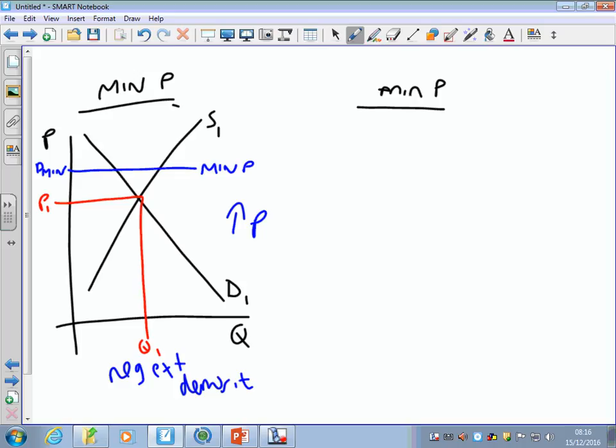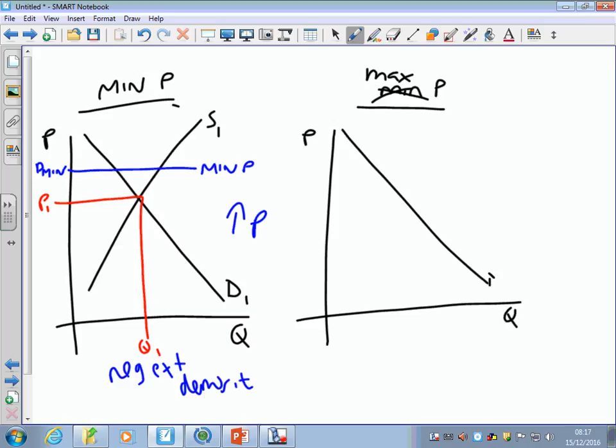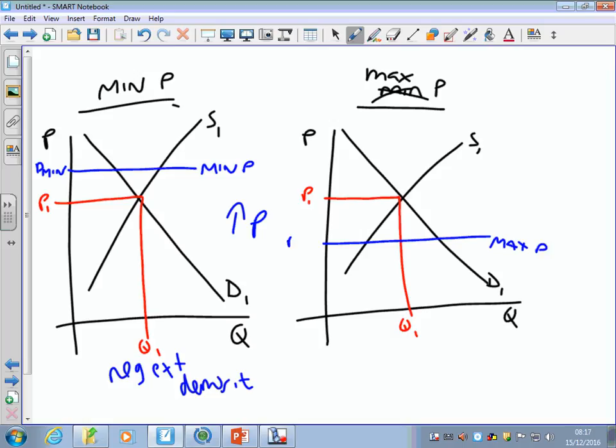We can then have maximum prices, and these are the exact opposite. So a maximum price is designed to make things cheaper. So market would clear at P1, Q1. A maximum price is where we set the price below the equilibrium point.